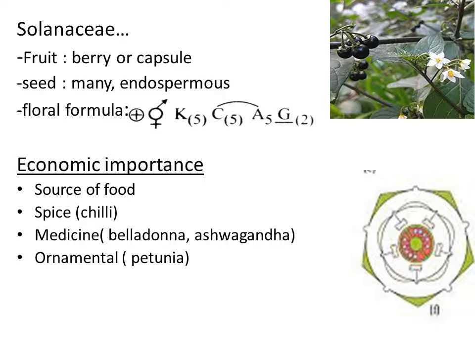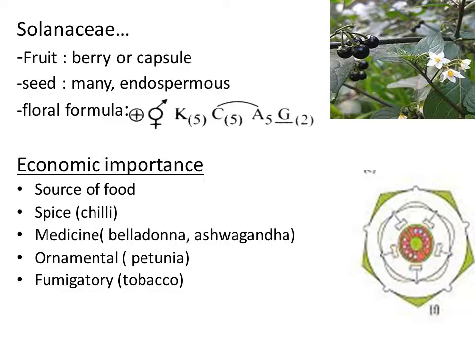Right. So this is about the characteristic features of the plants belonging to the Solanaceae family, and we also studied the economic importances. Right. So children, when you are studying each of the families, you should learn how to write the vegetative characters of the plants and how to write the floral characters.